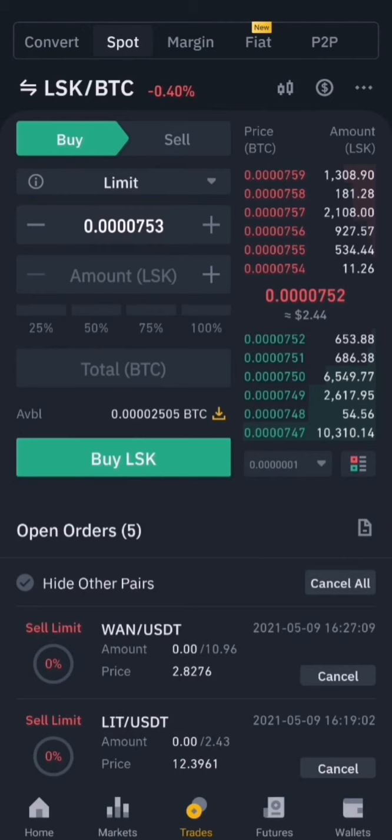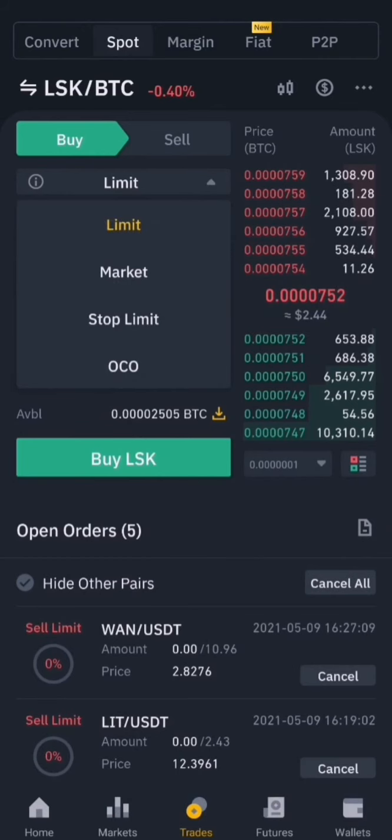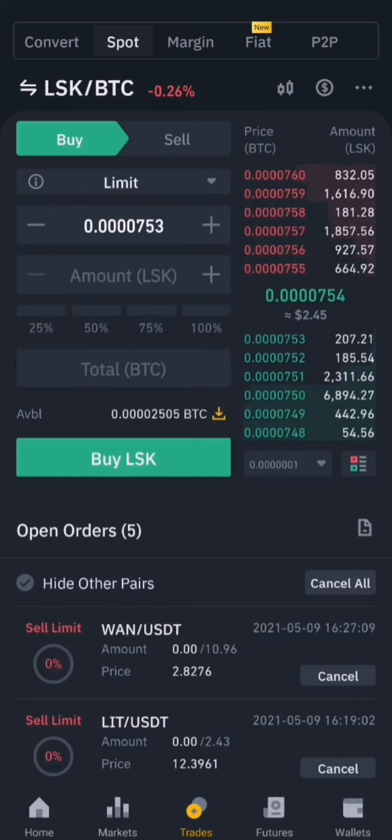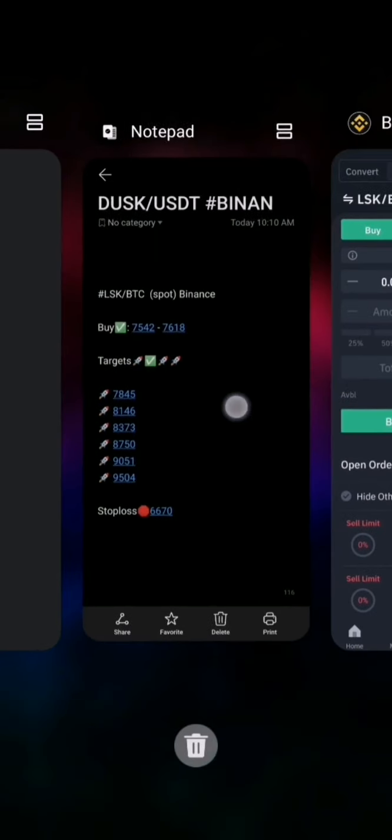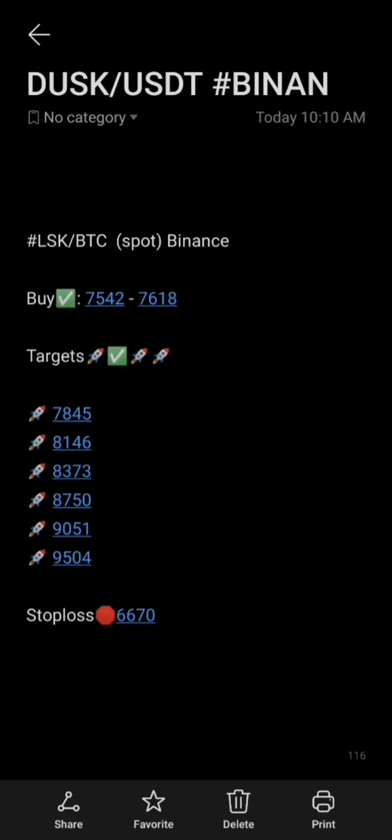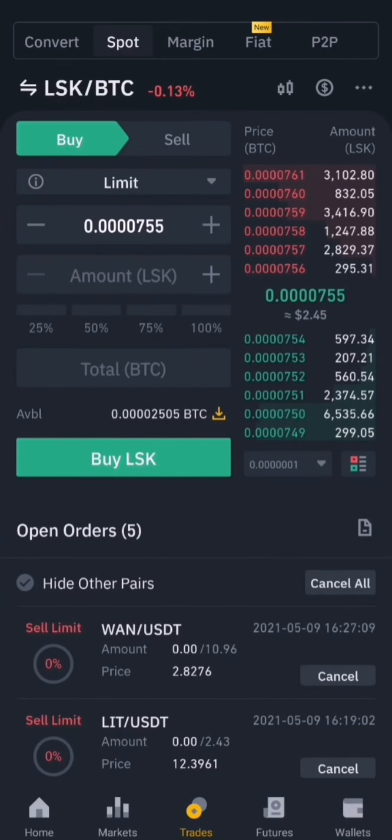Now we are using a limit order. There is limit order, market order, stop limit, and OCO, but we are not going to use those. We are going to use the limit order that the signal has given us, and the signal said we should use 7542 or 7618.